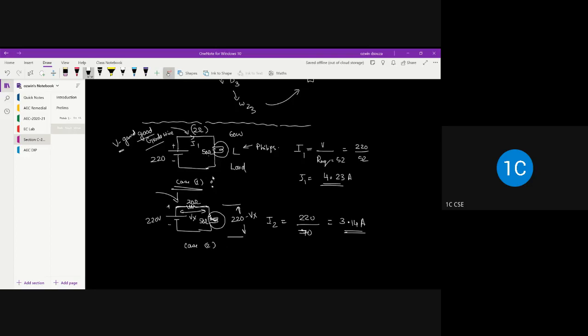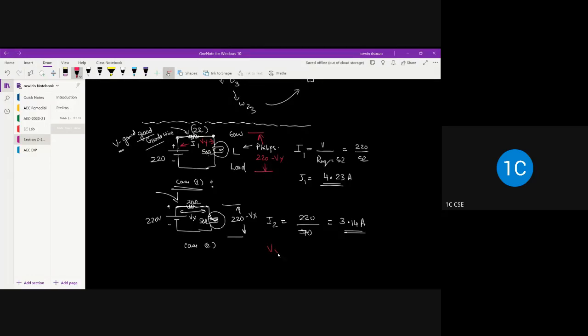On the other hand, when you use a wire having 2 ohms of resistance, the voltage which comes across the 2 ohm resistance is some Vy, and the voltage across this particular bulb is 220 minus Vy, the leftover potential.